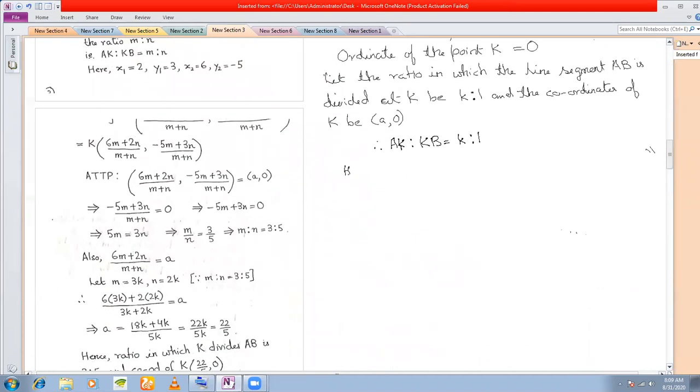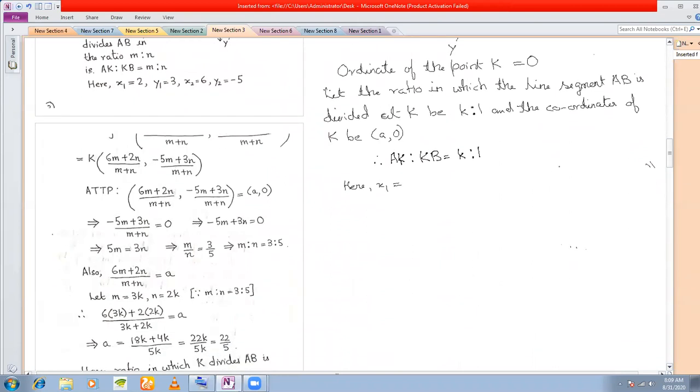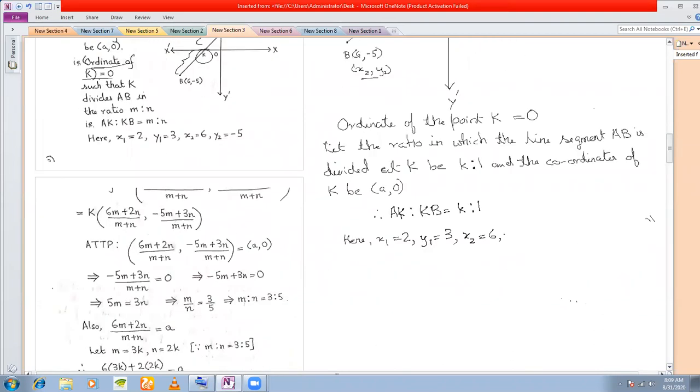So here let me write what x1 and y1 are. x1 is 2, y1 is 3, and x2 is 6, y2 is minus 5. Here this is the ratio m is to n, so m here is k and n here is 1.